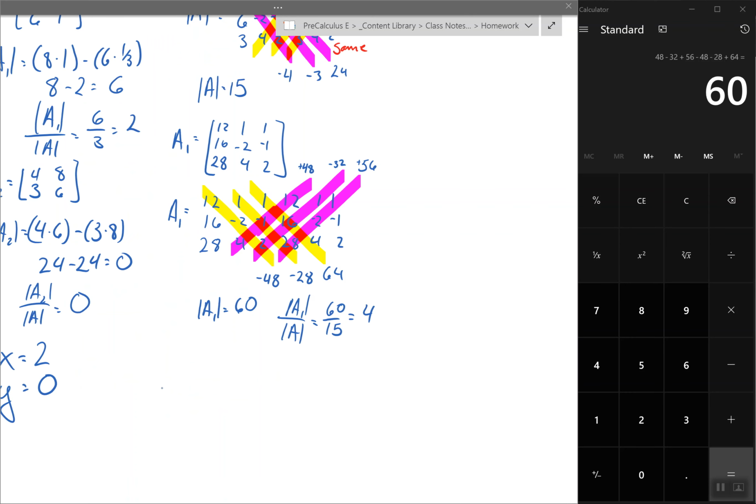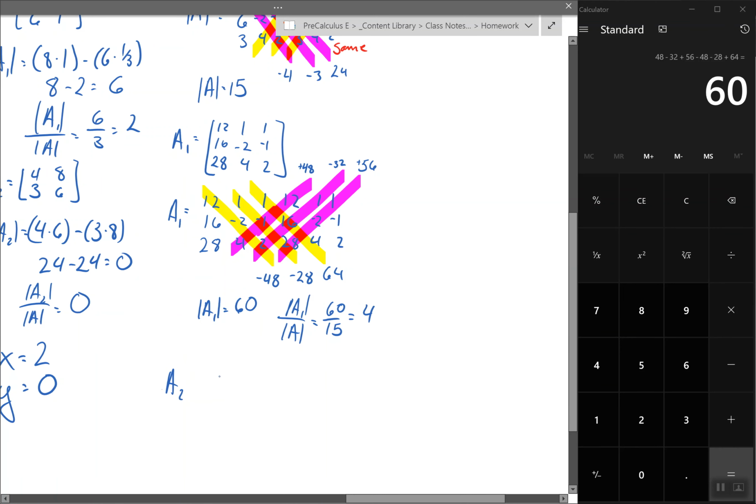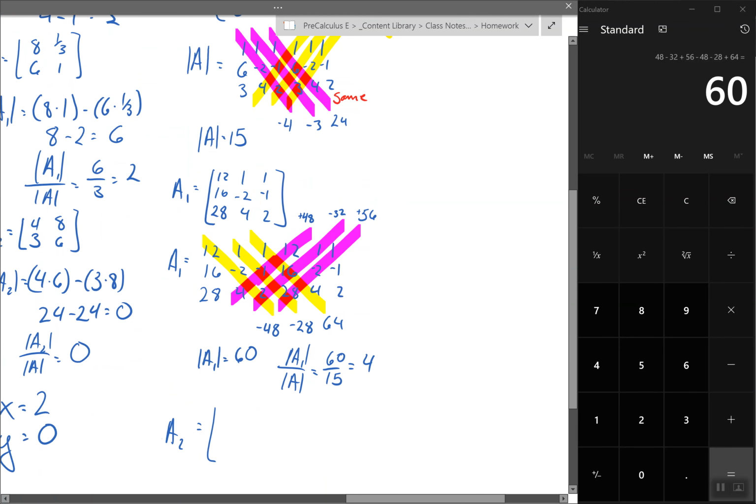So A2, we will go back to the first column we had, so 1, 6, 3. Then we have 12, 16, 28, and then 1, negative 1, 2.